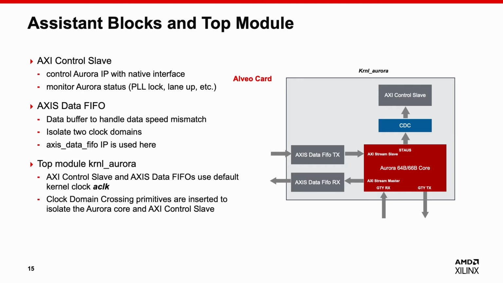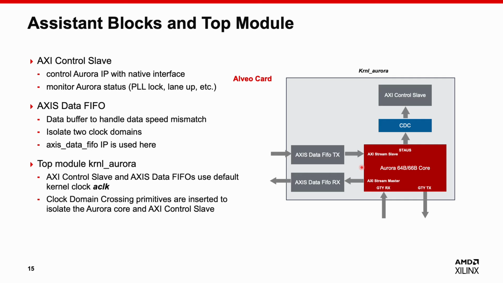In the core Aurora kernel design, we need an AXI control slave to control the Aurora IP with native interface. We also need to monitor some status signals of the Aurora IP, such as PLL lock status and the lane up indicators. For the Aurora data stream, since the Aurora IP doesn't have a data buffer internally, we also need to convert the data stream from the Aurora IP clock domain to the platform AXI clock domain.